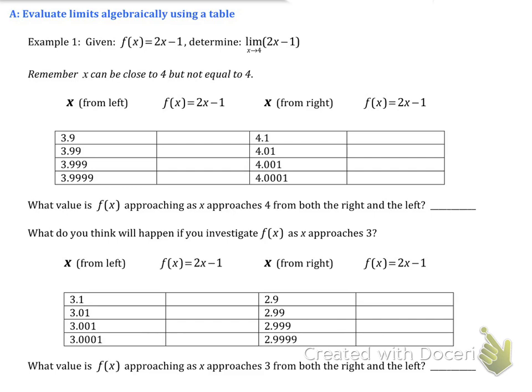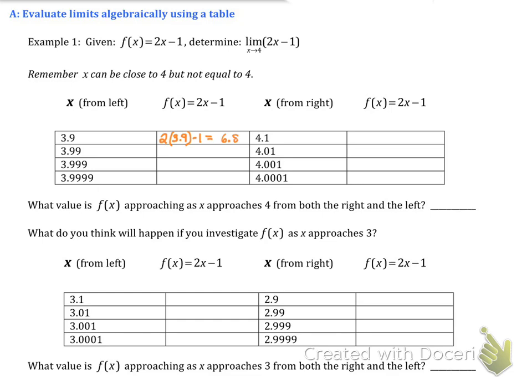Notice how both sets of numbers are close to 4 and then get even closer. So if we have 3.9, we are going to write this as 2 times 3.9 minus 1. And when you solve that, you get 6.8.